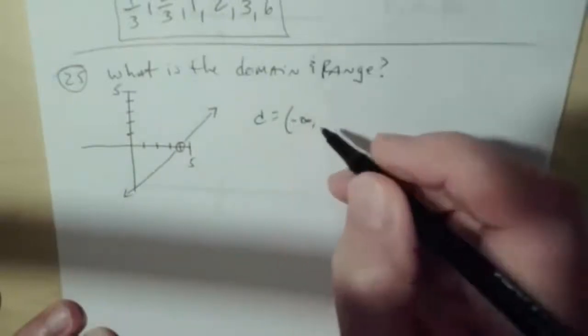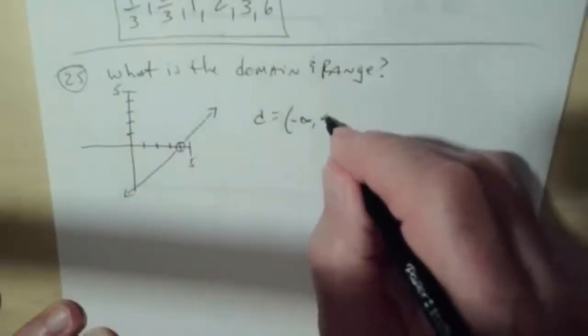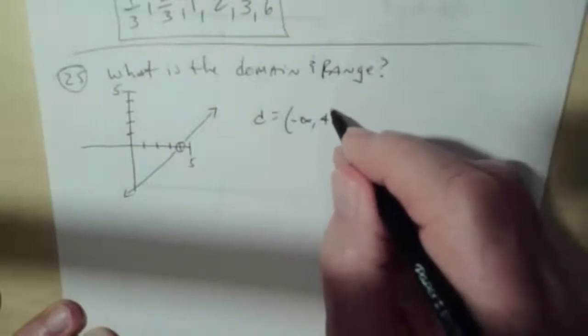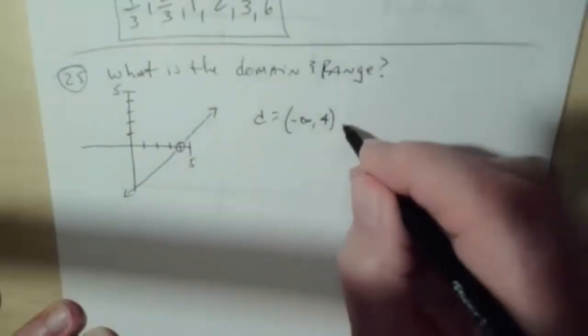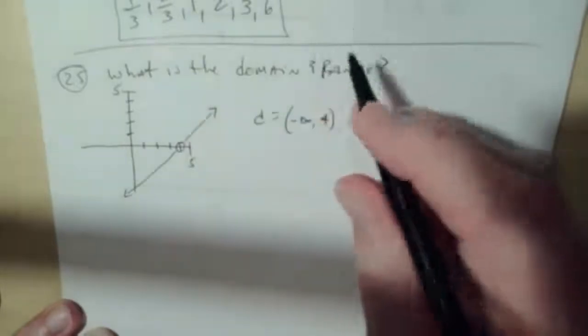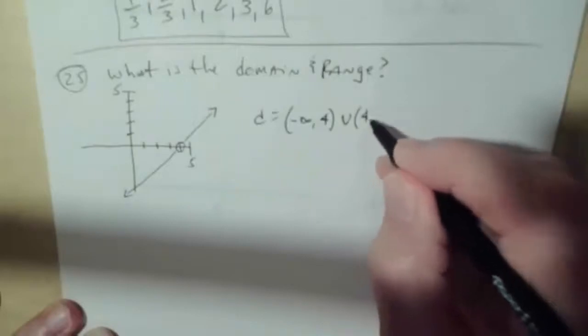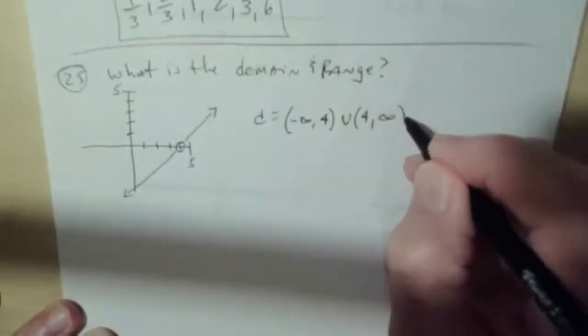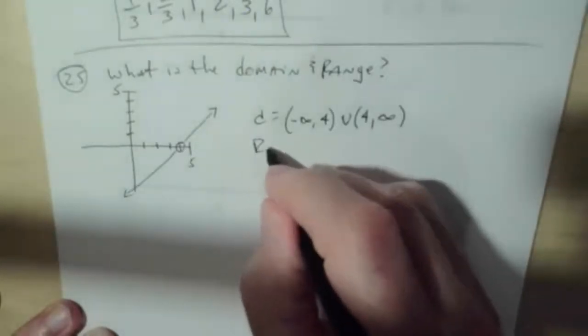And how far to the right does it go? 4. And again, there's a circle there, so it does not include 4. Now, it continues on, so it's the union of 4 to positive infinity. Right?